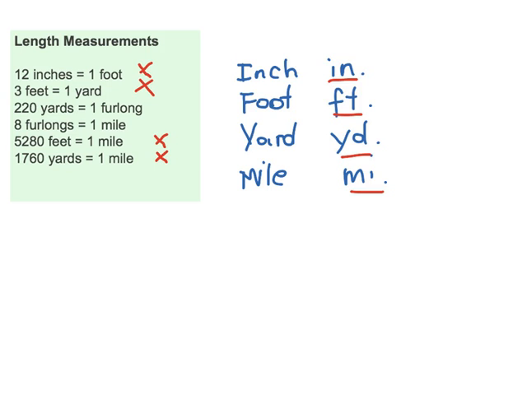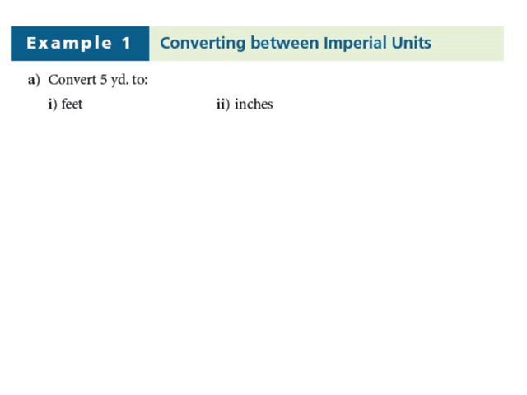Let's take a look at our first example, our first problem of the day. In this problem, we'll try to convert 5 yards to feet, and then we're going to convert it to inches. Refer to your table that you copied down earlier. This table says that 1 yard is equal to 3 feet. We're going to use this information to help us solve how much is in 5 yards in feet.